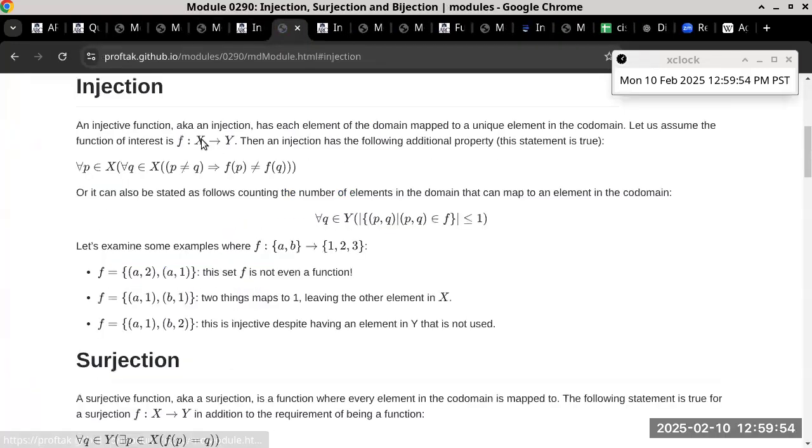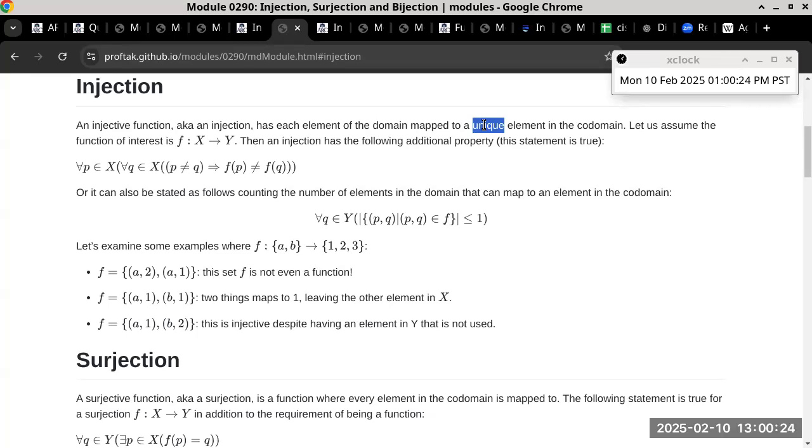All right, so we're going to start with injection. So an injective function, otherwise known as an injection, because it's getting inject from injective, and then the -tion from function. So an injection is just an abbreviation of injective function, has each element of the domain mapped to a unique element in the codomain. So this time, this is a requirement on top of what it takes for a function to be a function.